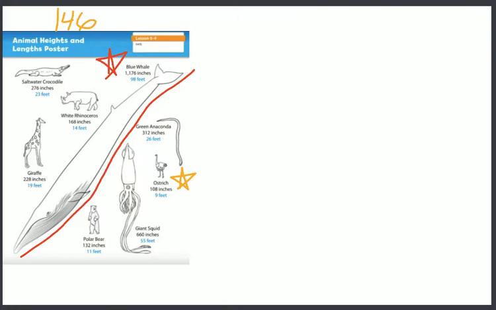Remember that 12 inches equals, do you remember? Say it out loud to yourself if you remember. 1 foot. So 12 inches equals 1 foot.